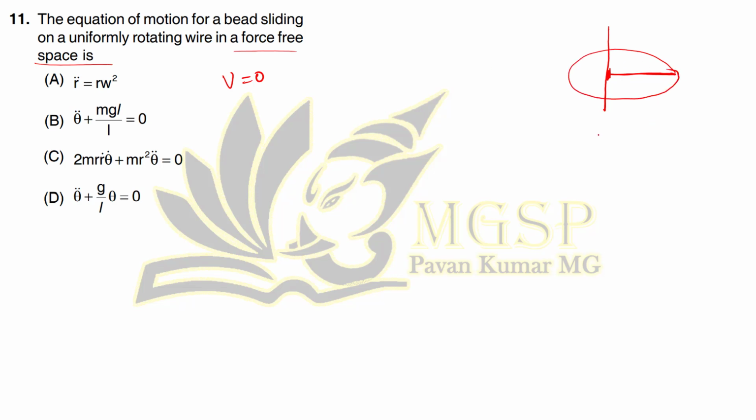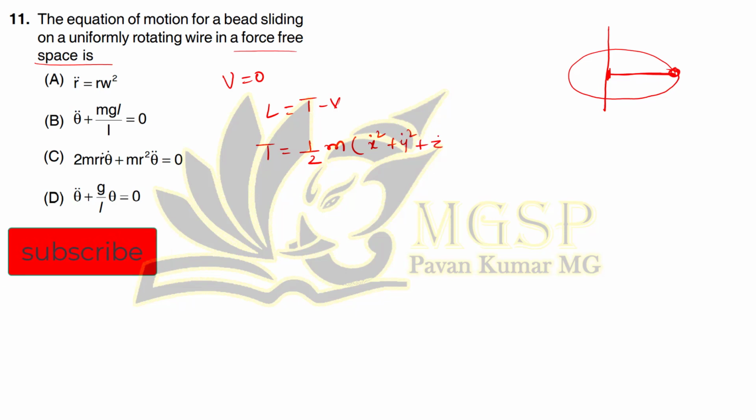The bead is rotating about some fixed axis, and this represents a cylindrical coordinate system. So we will write the Lagrangian L is equal to T minus V. First we need to find the value of T. T is equal to half m, that is the mass of the bead, times x dot square plus y dot square plus z dot square.